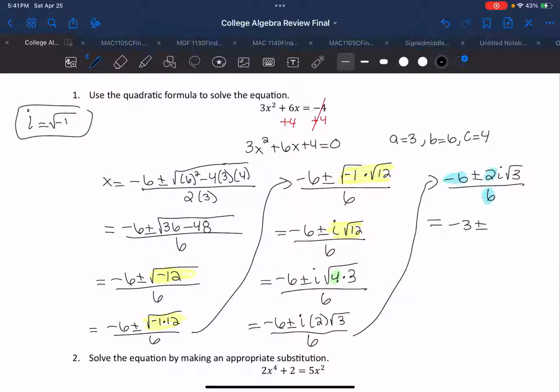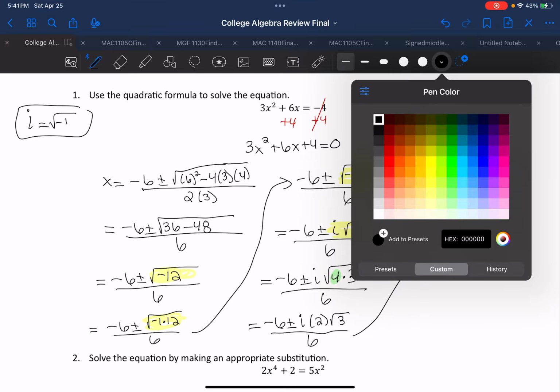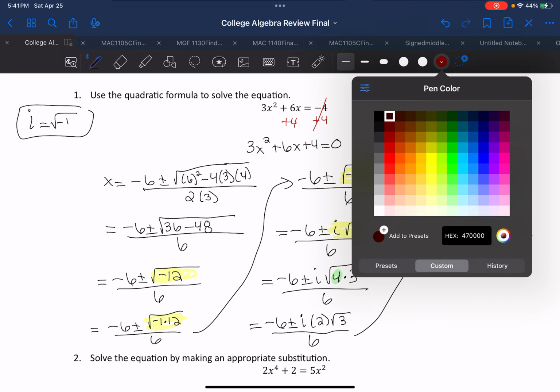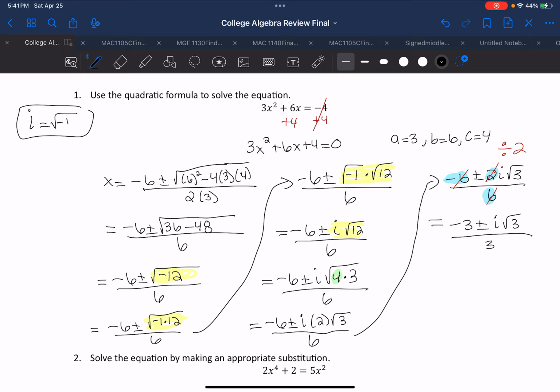So those will cancel and that will leave me with i times the square root of 3. And then on the bottom, 6 divided by 2 is still just 3. So I divided everything by 2. You have to be able to divide all 3 by 2 in order to do that.